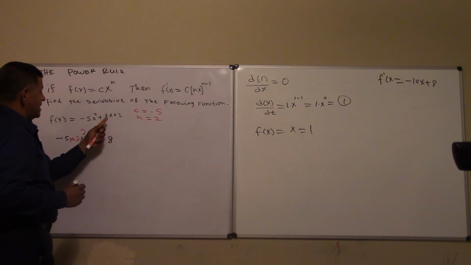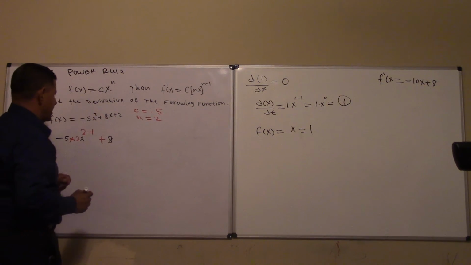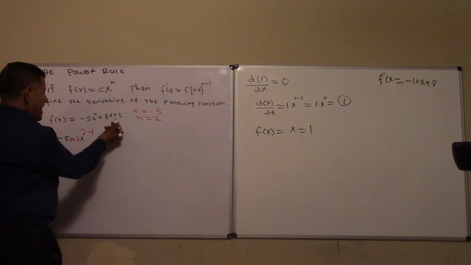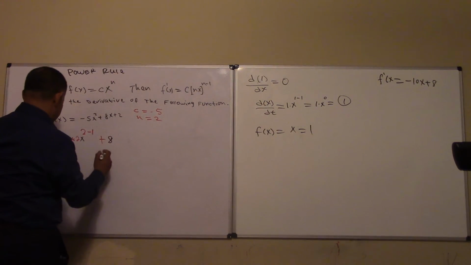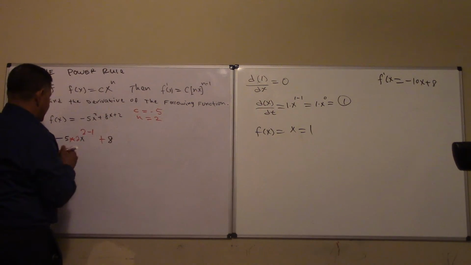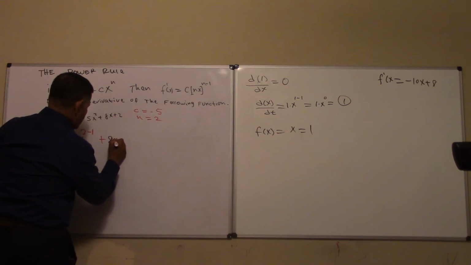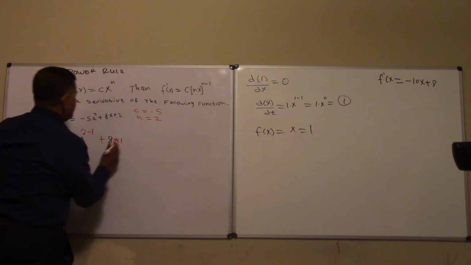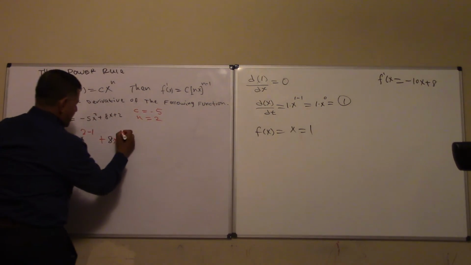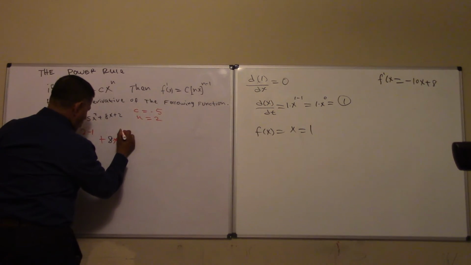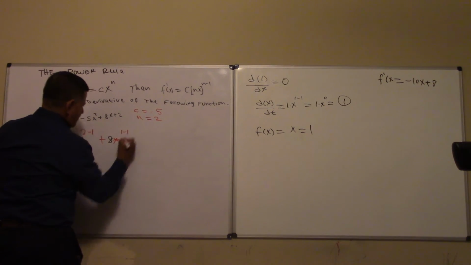N is 1, so I bring n to the front and multiply that by 1, and I say 1 minus 1.